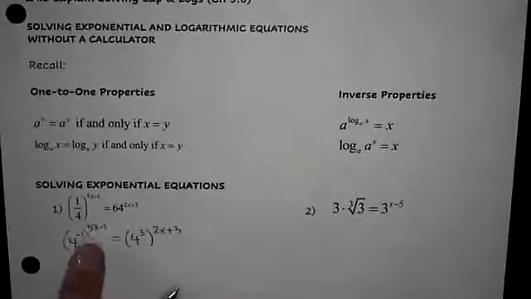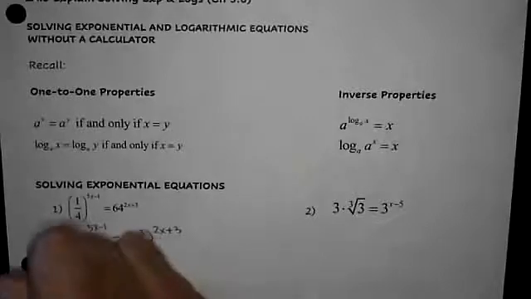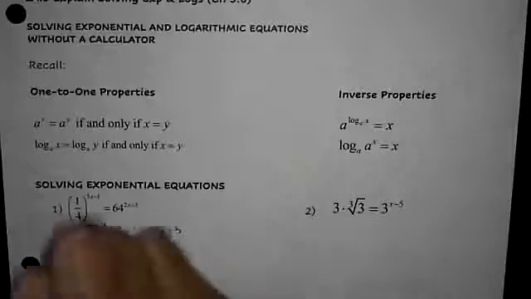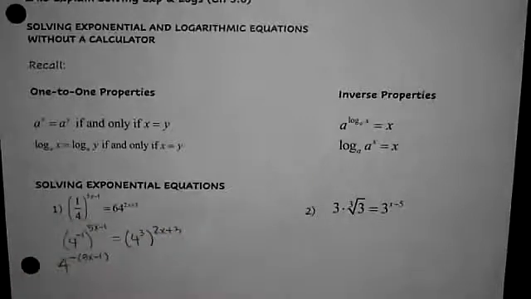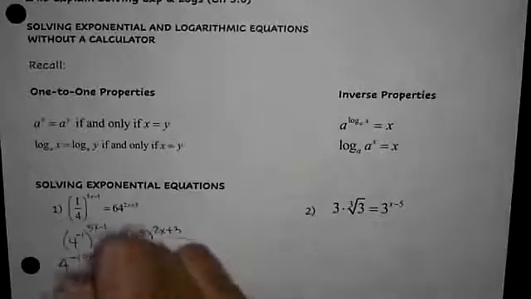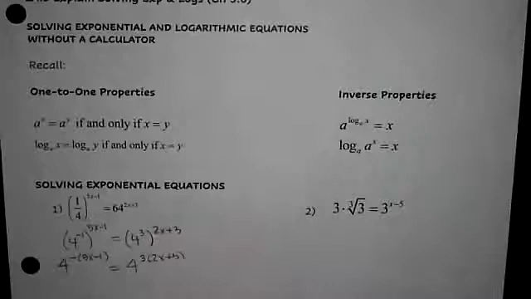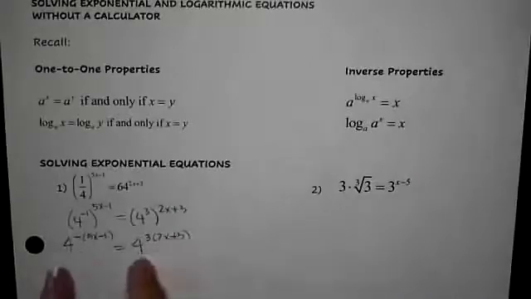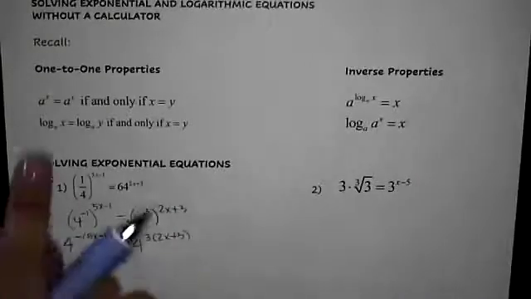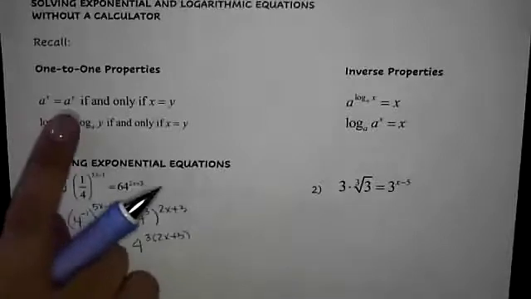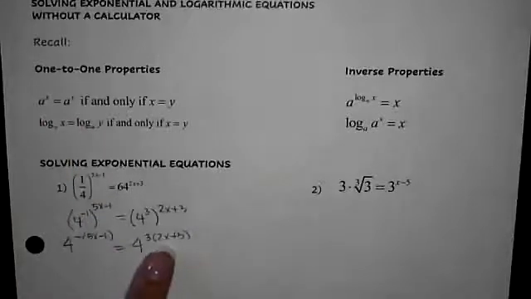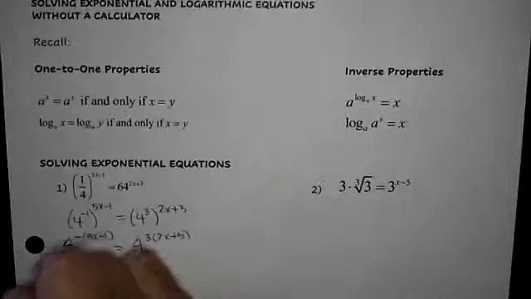Anytime that we have a power to a power, we multiply. So this is 4 times -5x minus 1 up here in the power. And then on this one, it is 3 times 2x plus 3 in the exponent. Now they have exactly the same bases. So we can use this one-to-one property to set our exponents equal to each other.